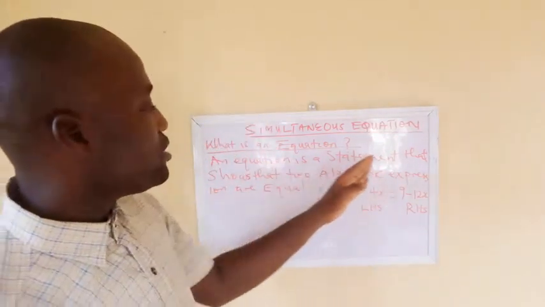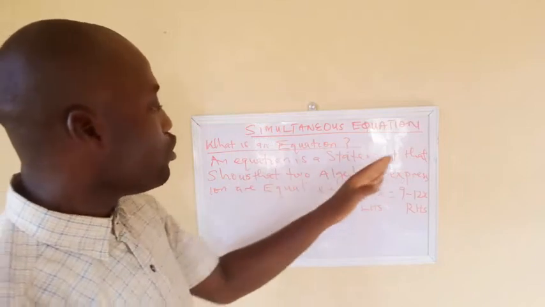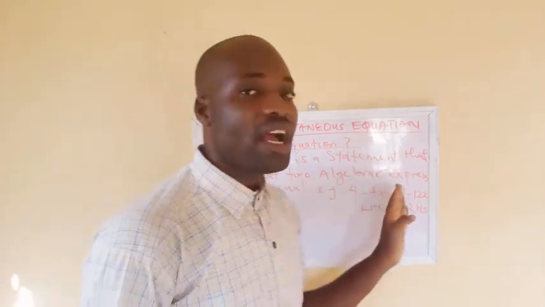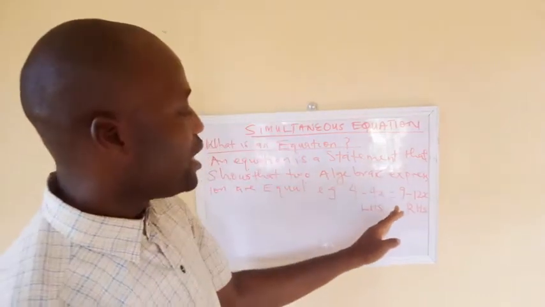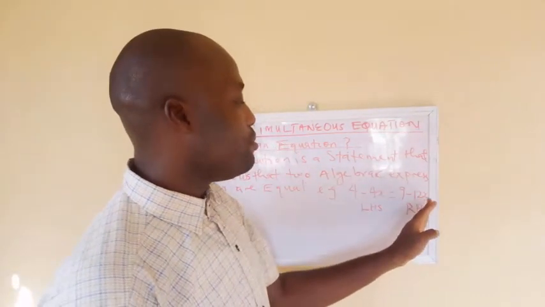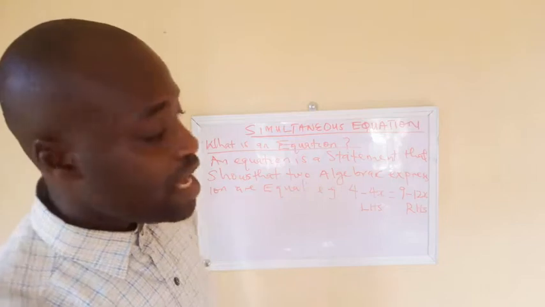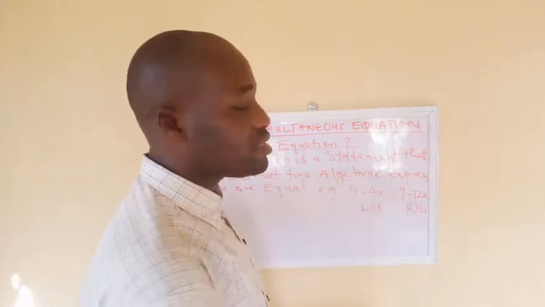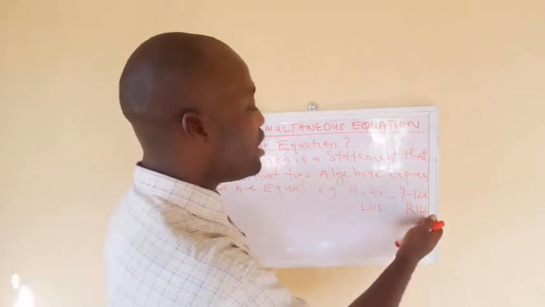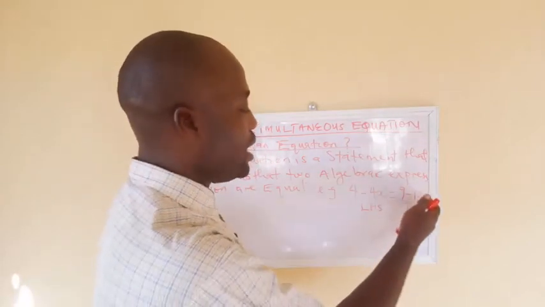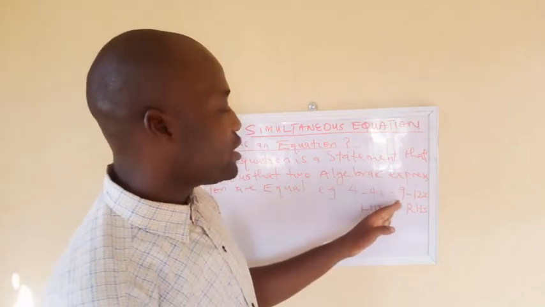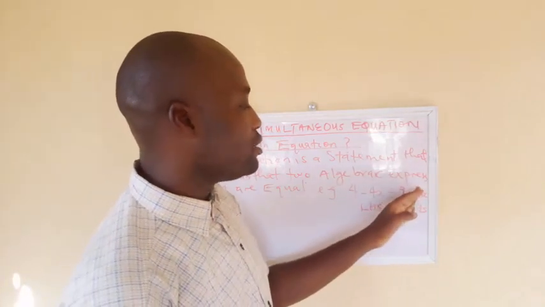For example, just like what we can have here, 4 minus 4x equal to 9 minus 12x. So what do we have at the left-hand side? We have 4 minus 4x. And what do we have at the right-hand side? 9 minus 12x. That is 4 minus 4x equal to 9 minus 12x.